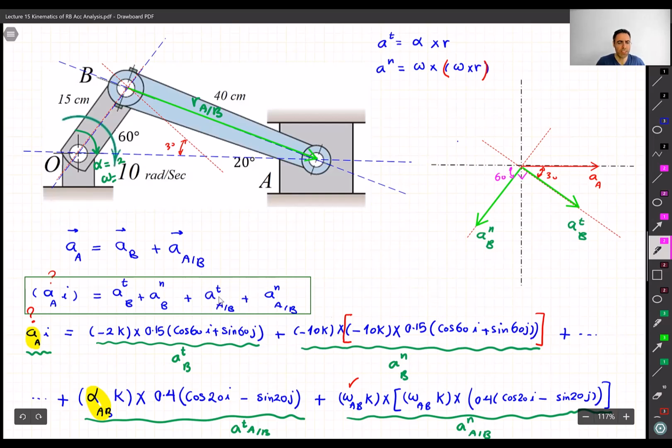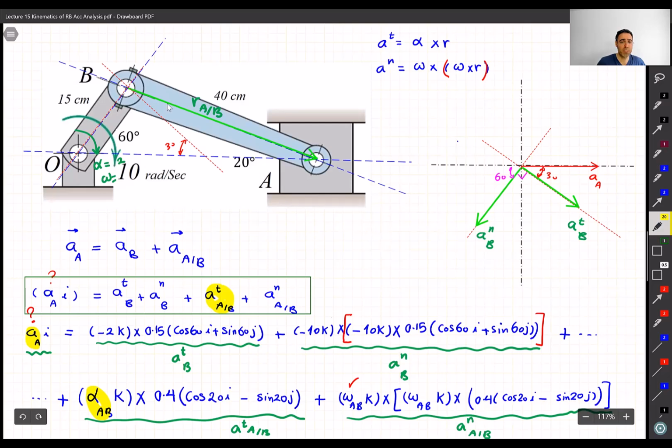What is AT of A with respect to B? I'm trying to draw these guys. A with respect to B. So we know how to visualize it, right? A with respect to B means that things are rotating about point B. So point A is moving on a circle, right?